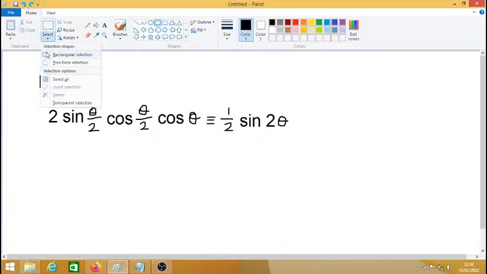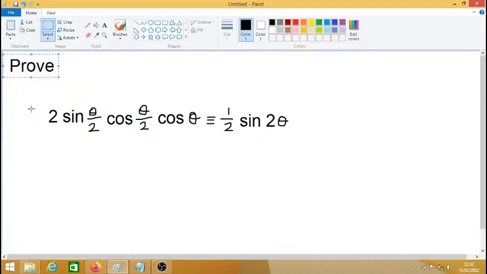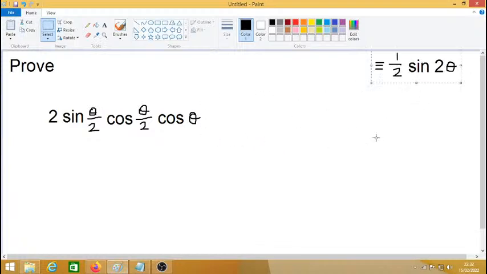We are going to pick the left-hand side, and then we're going to try and use everything we know to work on this and make it look like the right-hand side. So that means we can take the right-hand side away. We don't really need to work on that just yet. We just need to make sure by the end we've got something that looks like half sine 2 theta.